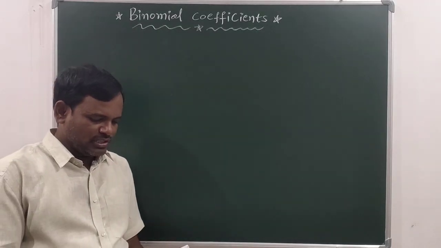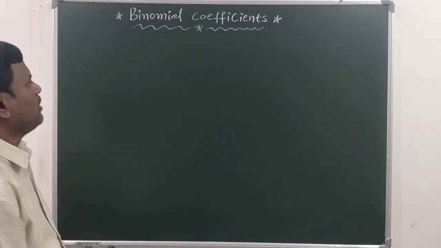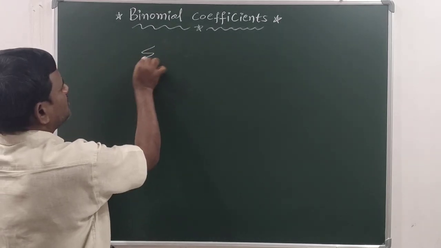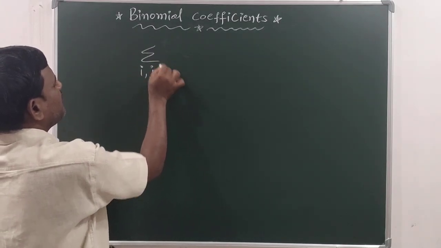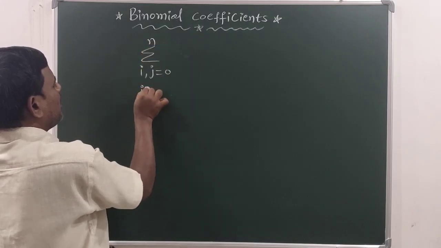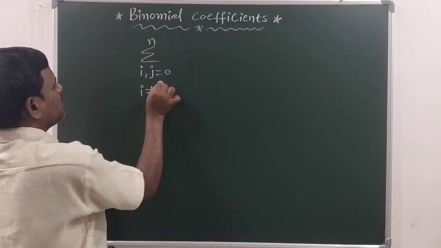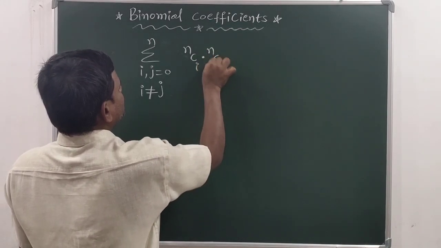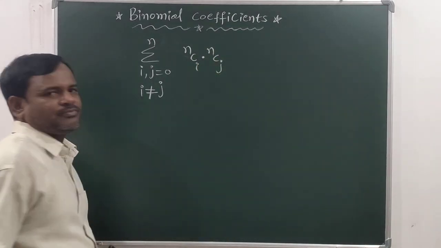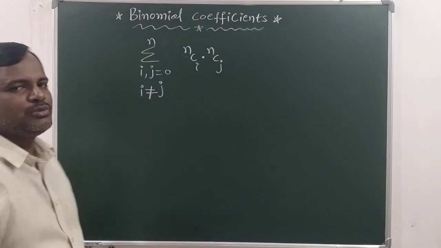The first question is, summation of i, j running from 0 to n, i is not equal to j, nCi into nCj is equal to how much? This is the question, students.